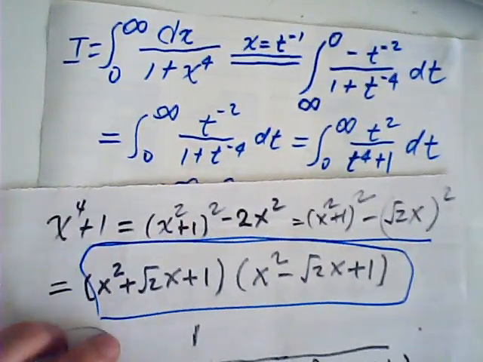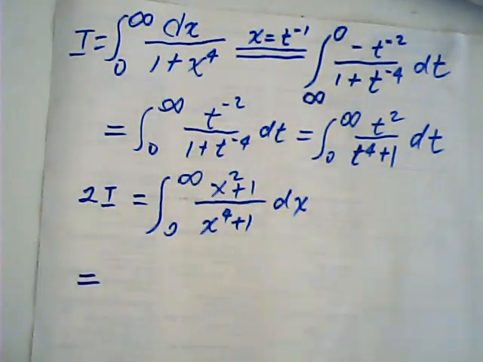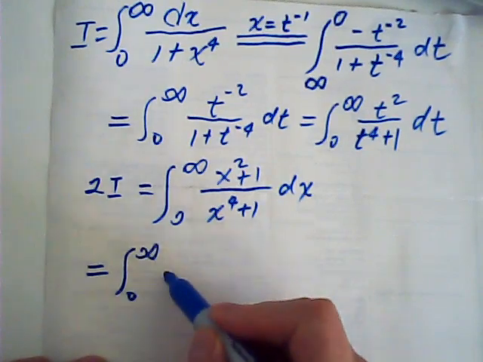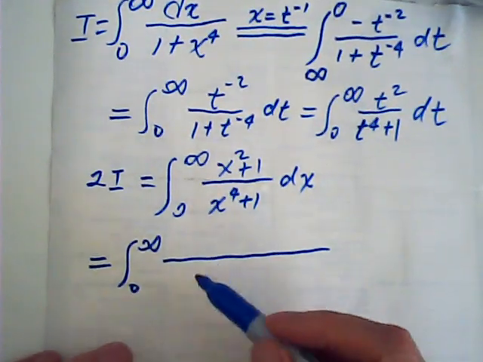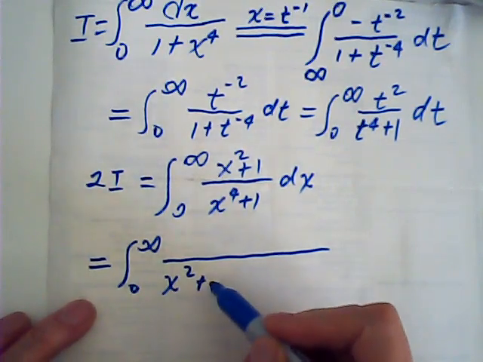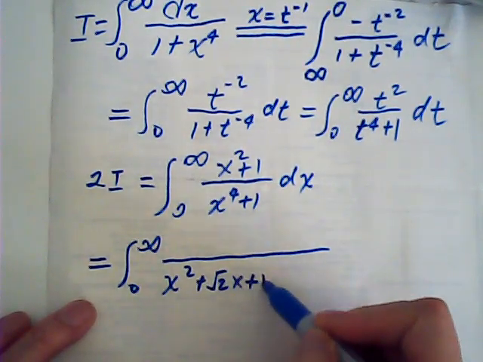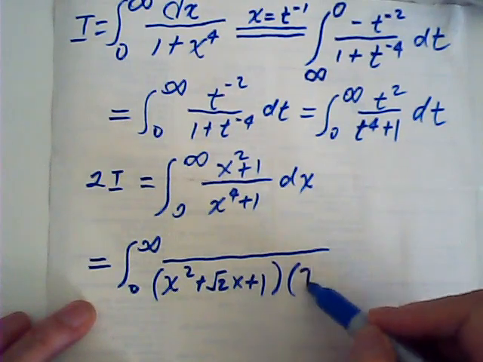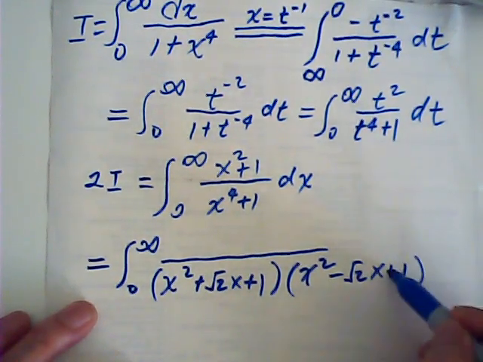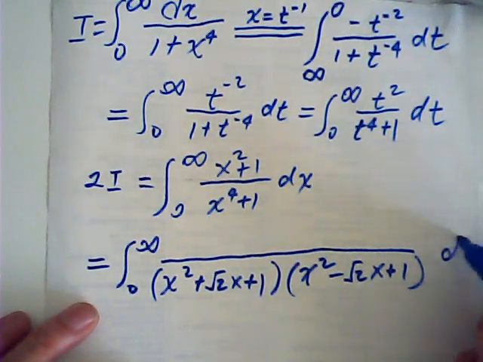Okay, so this one, therefore, is equal to the integral from 0 to infinity of x squared plus 1 over x squared plus root 2x plus 1 multiplied by x squared minus root 2x plus 1, dx.